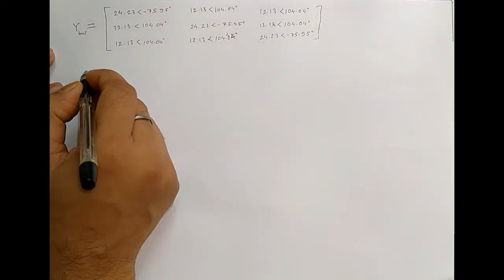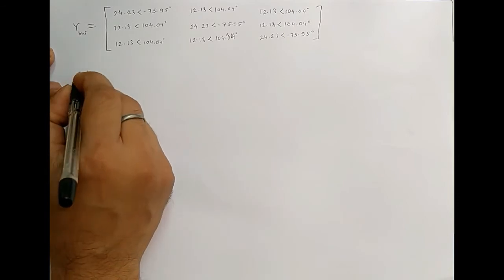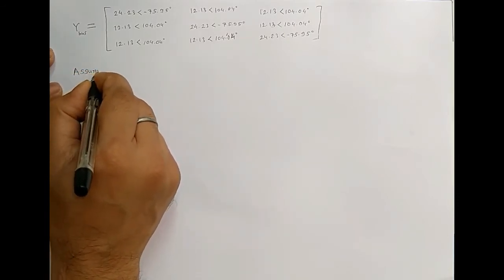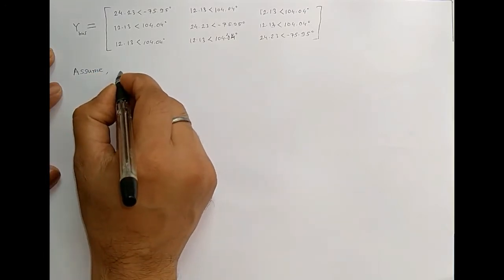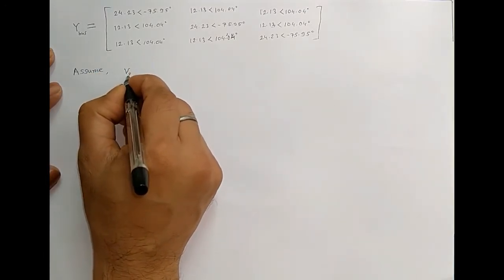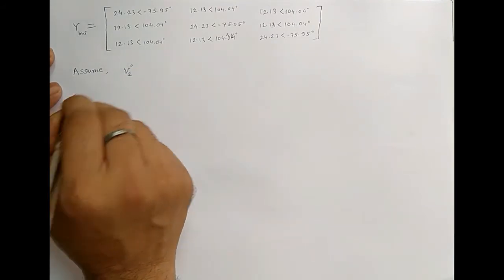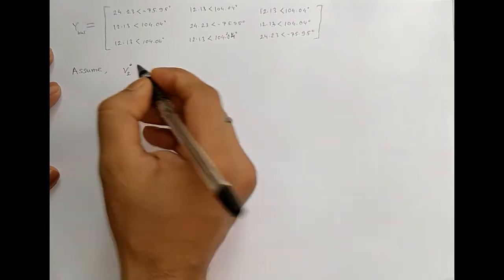So the PQ bus is bus number 2, that's why we have assumed V2, and since this is the assumed value, the iteration number is 0.